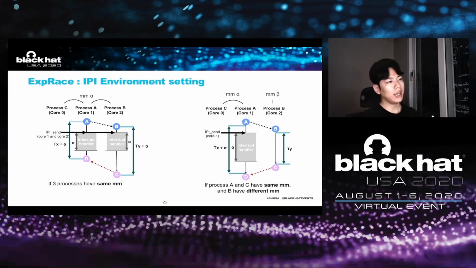The important thing here is that the processes A and C must have the same memory map, and processes that shouldn't receive IPI must have different memory maps. If three processes have the same memory map, IPI is delivered to both core 1 and 2 at the same time, which results in extending both time windows.